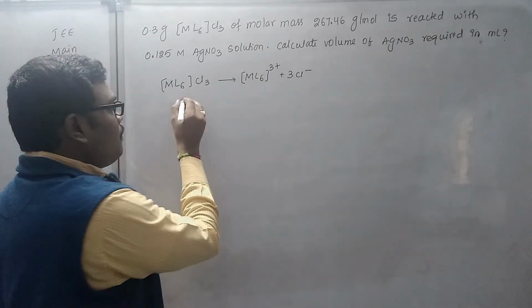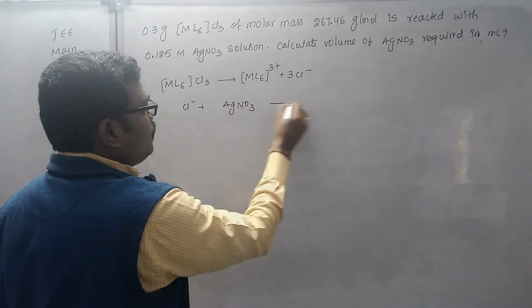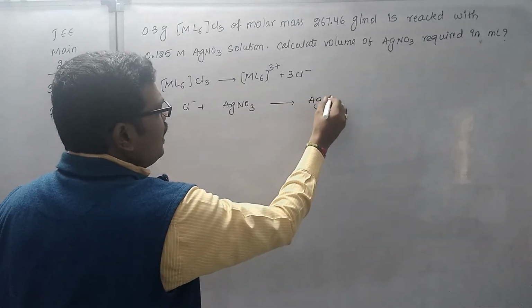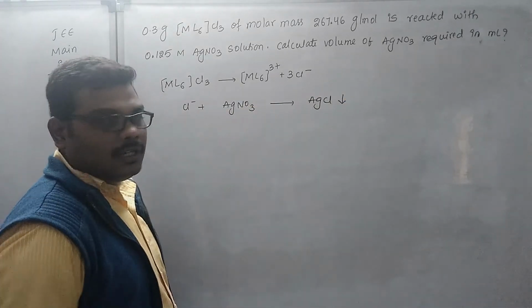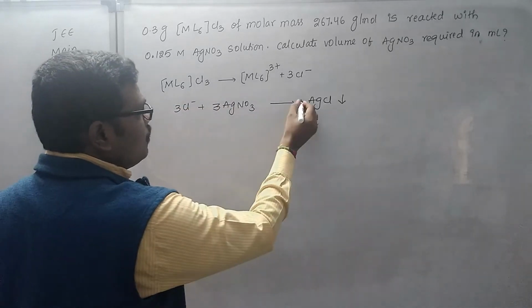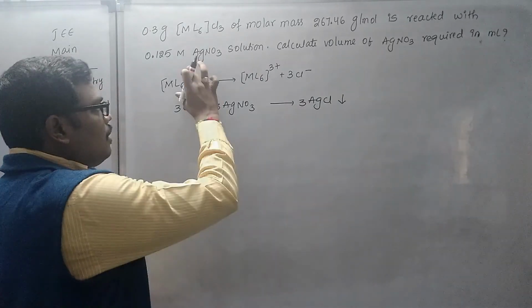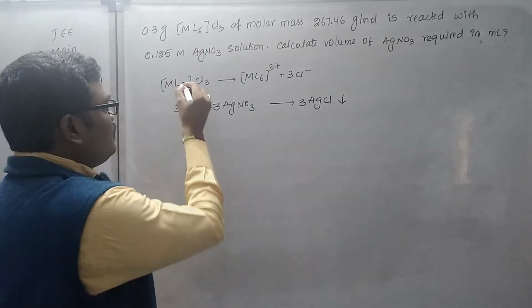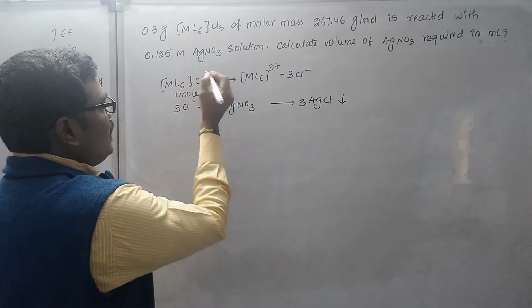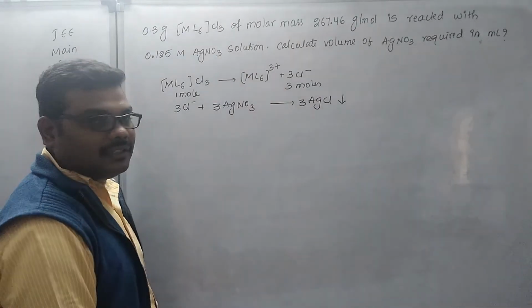1 mole of Cl minus ions reacts with 1 mole of AgNO3 to give 1 mole of AgCl precipitate. There are 3 moles, 3 moles requires 3 moles of AgNO3 and gives 3 moles of silver chloride. The relation between complex salt and number of chloride ions: 1 mole of complex salt gives 3 moles of Cl minus ions.